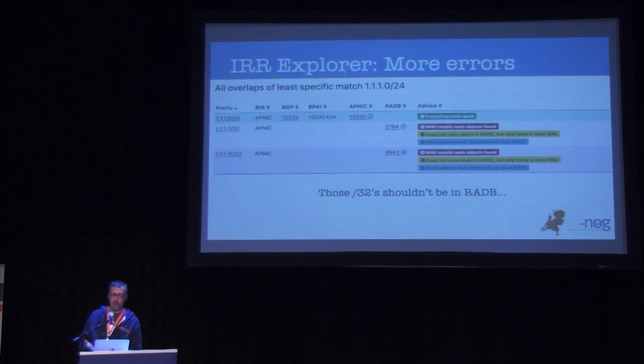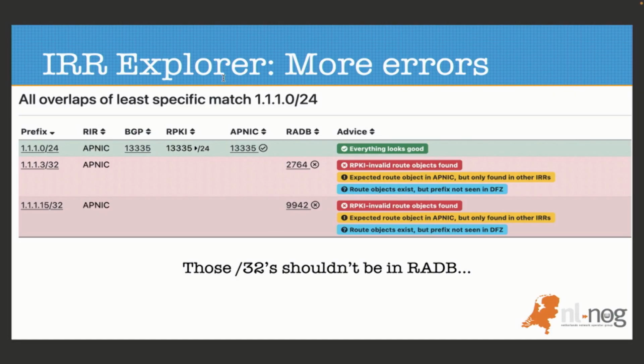First of all, there's no RPKI route object found because there is an RADB entry for AS2764, but AS2764 is not in the ROA, which is defined. And then the database entry is in RADB, even though you would expect it in the APNIC database.